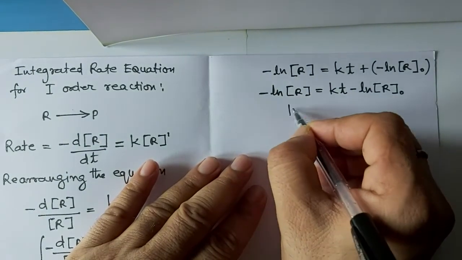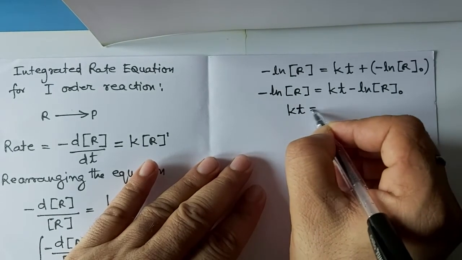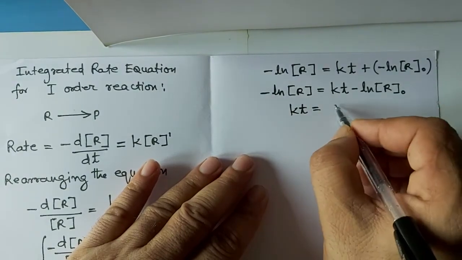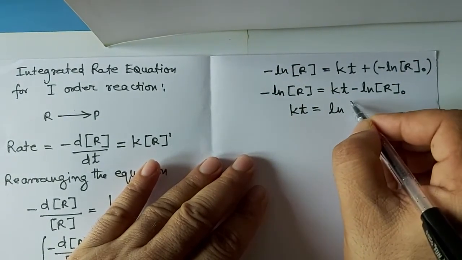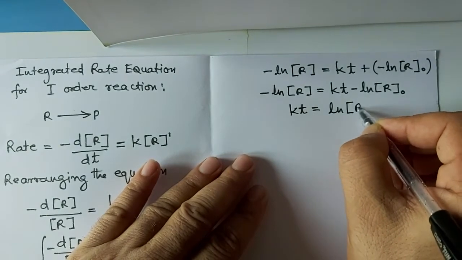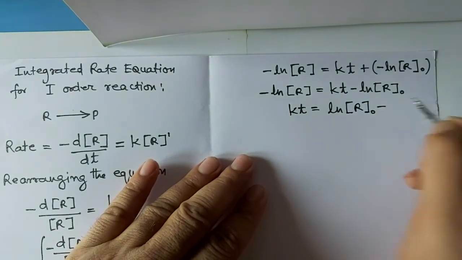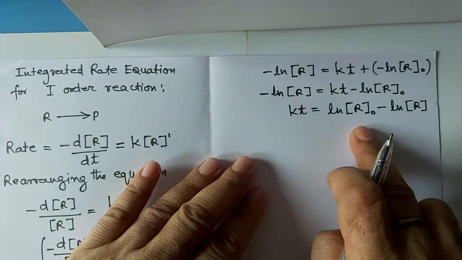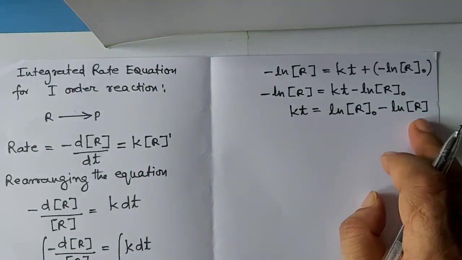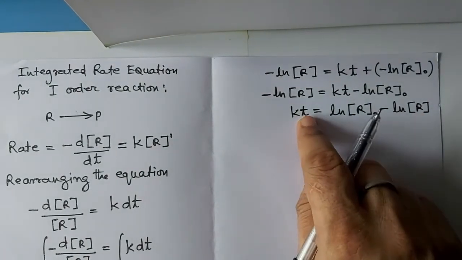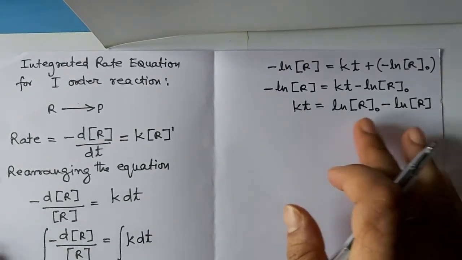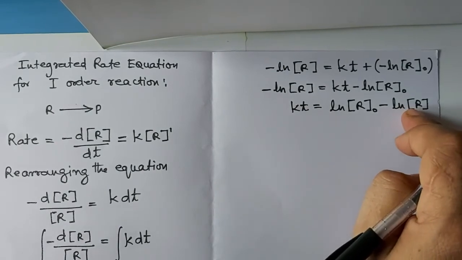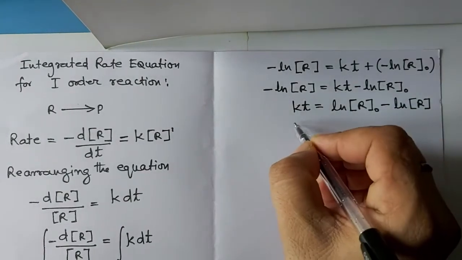Let's keep kt at one side, and then move the other ones towards the other side. In that case we have this positive value. This is initial concentration, and this is concentration after time t. So now this is negative, that means this is going to move in our equation somewhere else.